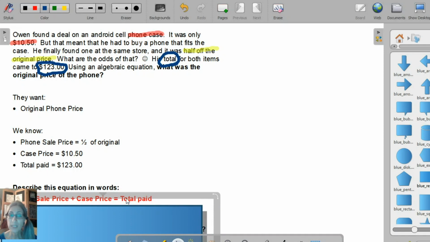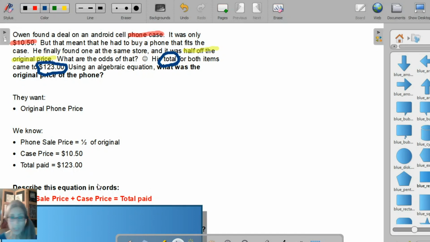We would have an addition problem. And that problem would be the phone sales price plus the case price, the phone case price, equals the total that he paid. So let's go ahead and fill those in with what we know.